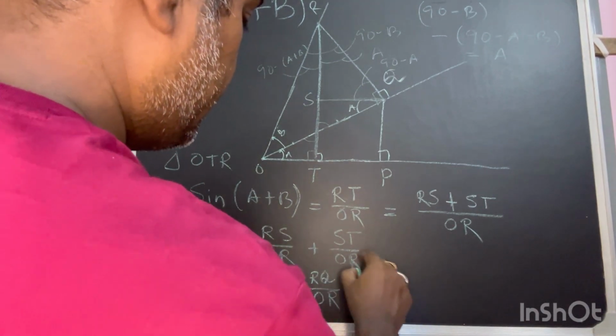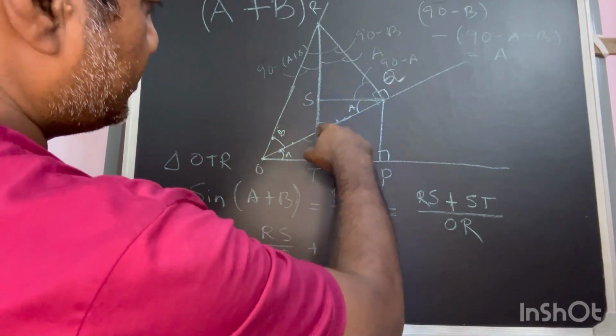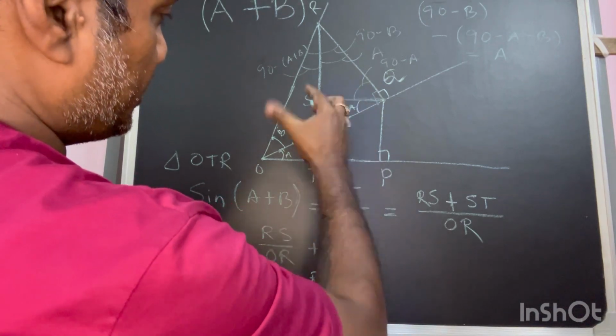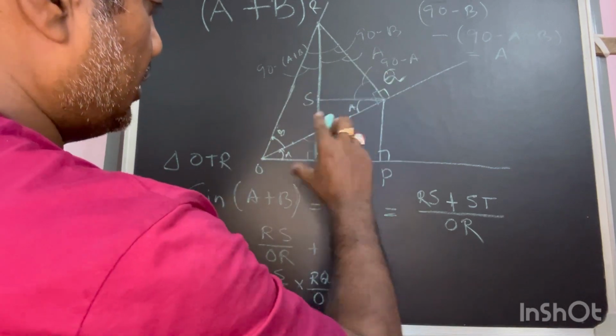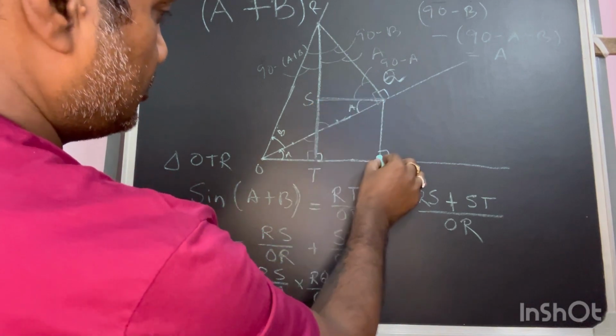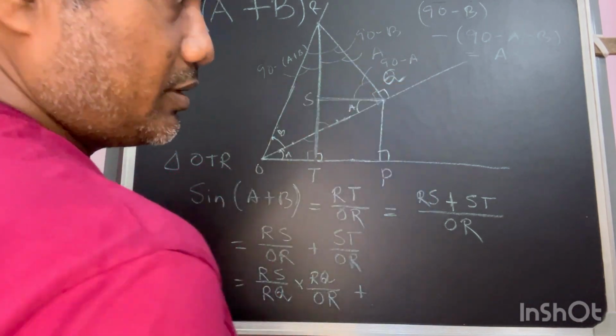So similarly, I will try to bring something here also. ST is not a part of any triangle individually. So if I compare, because this is parallel to this, and these are vertical, this is a parallelogram.